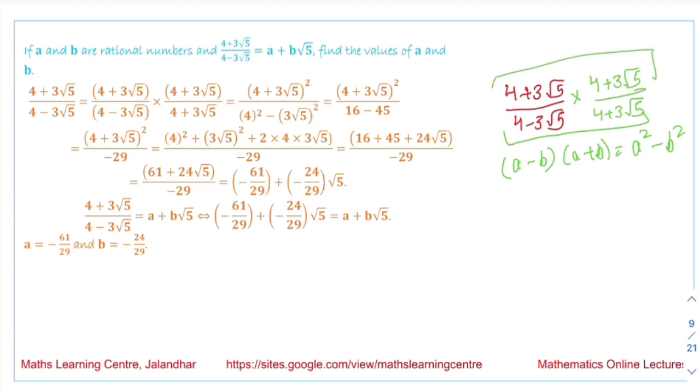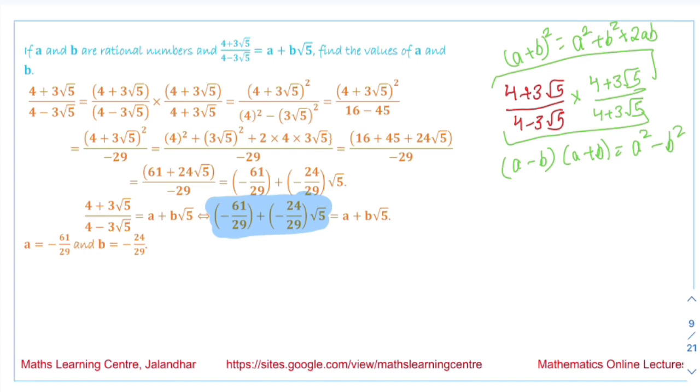In the numerator, it is (a plus b) whole squared, and the formula is a squared plus b squared plus 2ab. When you apply all these formulas, you will get the answer in this form: minus 61 by 29 plus minus 24 by 29 square root 5.